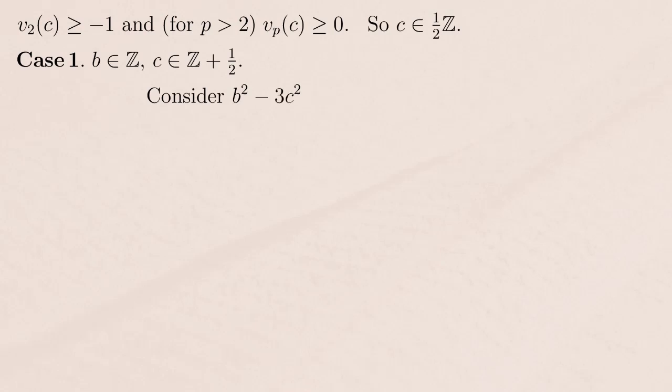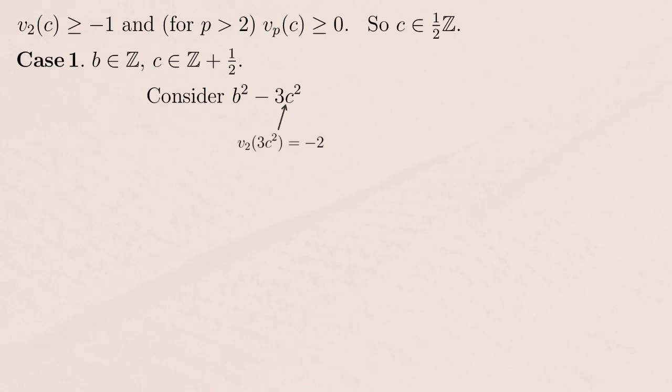These are the three cases that we drew earlier as lattices. If one of them is an integer, say b, and the other is an integer plus a half, say c, then let's look at this number b squared minus 3c squared again. The 3c squared term has two factors of 2 in the denominator. So it has two valuation -2.